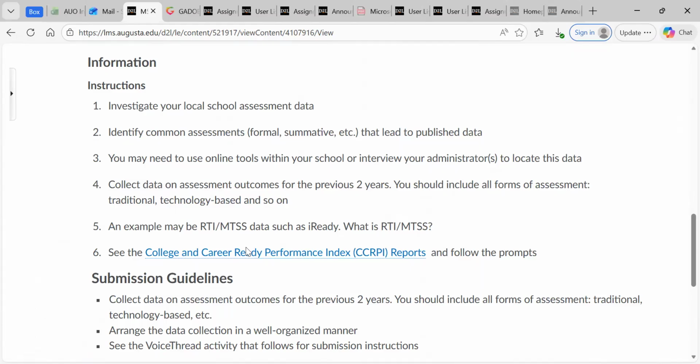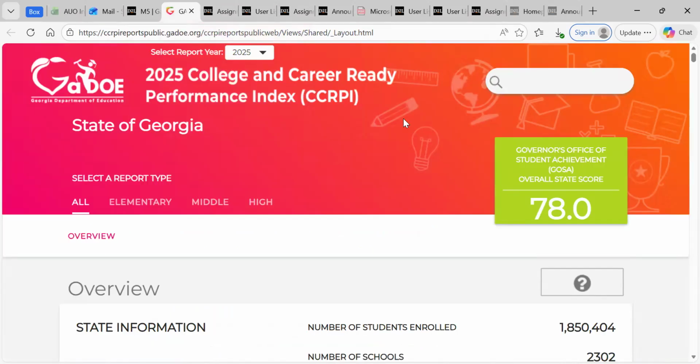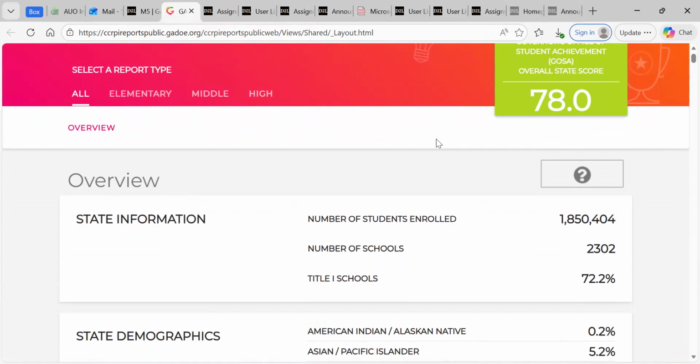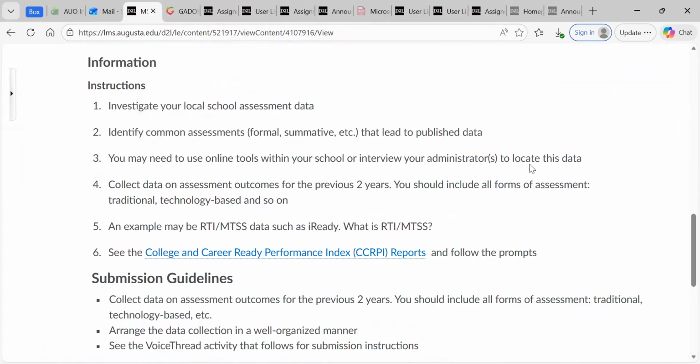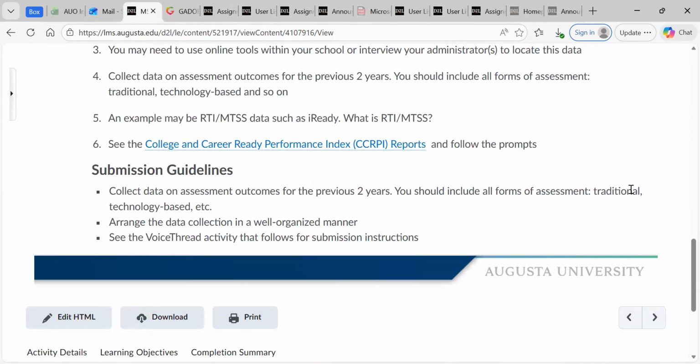An example might be RTI, iReady, the link here, College and Career Ready Performance Index. These are the CCRPI reports here. You are welcome to explore this. This is just the state data, but whenever you first click into this link, it will give you the option to search for your specific school. So that's a great resource to use for this.